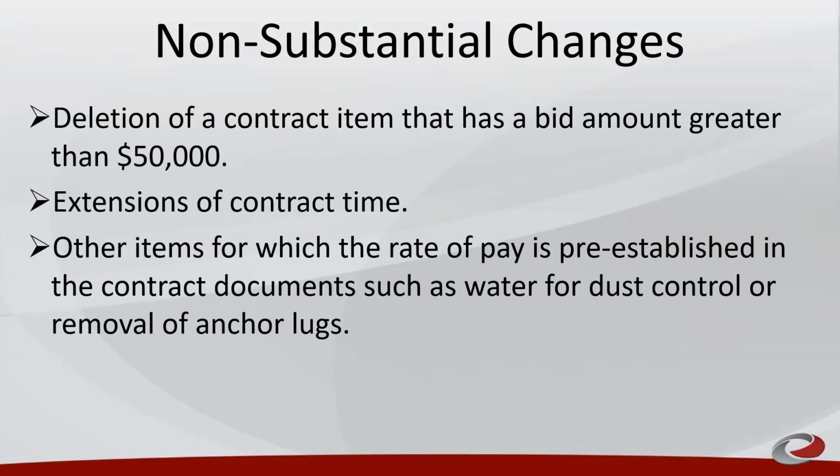And finally, deletion of a contract item valued at less than $50,000, extension of time due to extra or deletion of work, and other items at a pre-established rate, such as dust control or removal of anchor lugs. All are examples of non-substantial change orders.